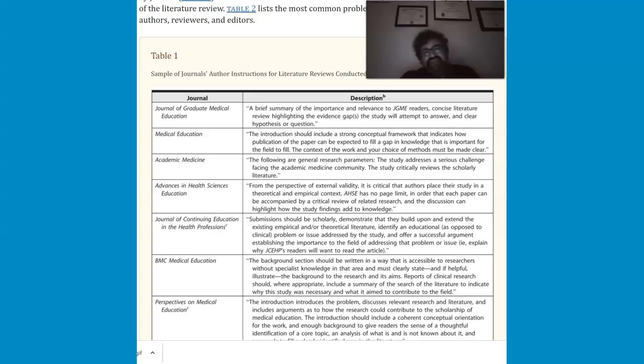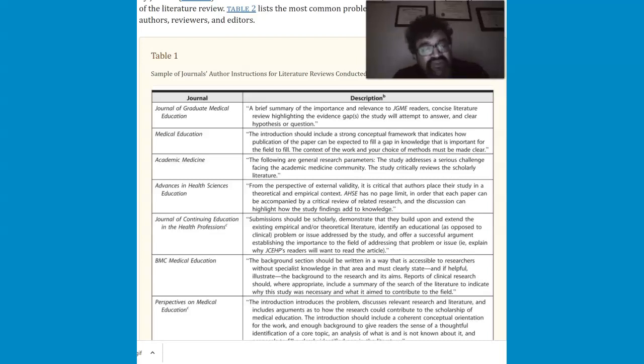So this is kind of a different approach, although the gap is still there, the gap in knowledge, but understanding a conceptual framework and how this is important in explaining findings. So that is how some of these literature reviews should look.